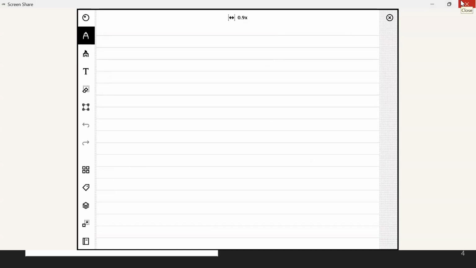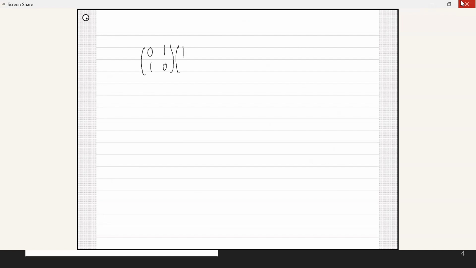So what I was saying is that when you have a matrix, 0, 1, 1, 0, I think that's an X, right? And you're acting on state 0. So this is the same thing as saying X gate acting on state 0.